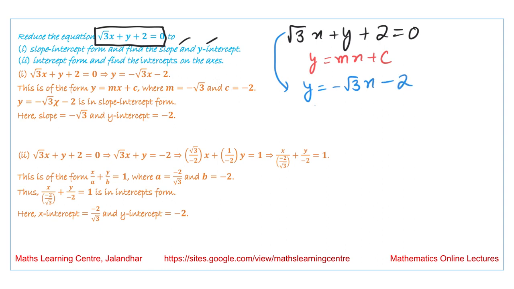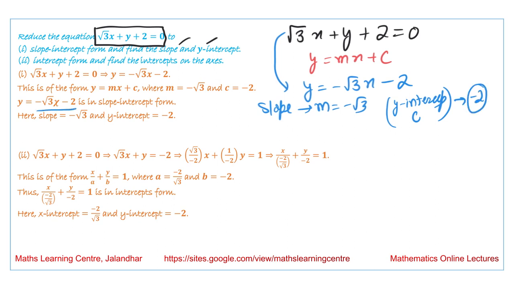So we obtain the value of m is equal to minus root 3. This is the value of slope. And the y intercept we are saying c, that is minus 2.